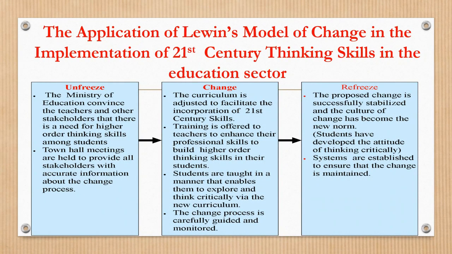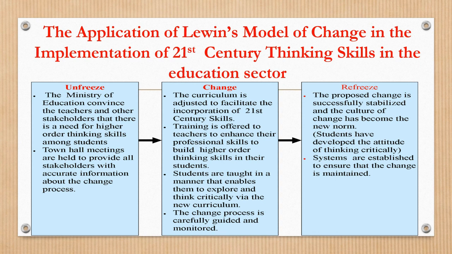The application of Lewin's model of change in the implementation of the 21st century thinking skills in the education sector. Firstly, let's look at the unfreezing stage. For example, the Ministry of Education convinced the teachers and other stakeholders that there is a need for higher order thinking skills among students.